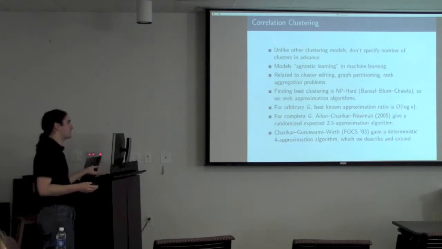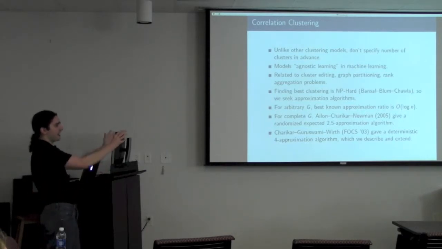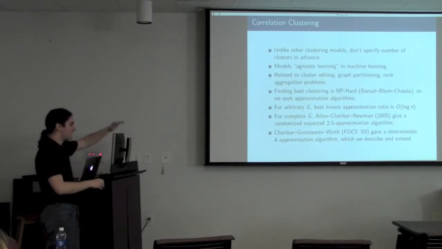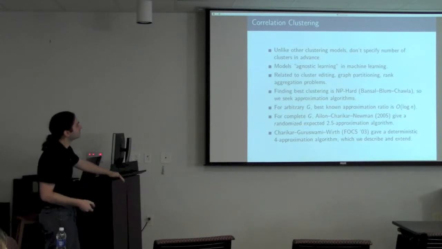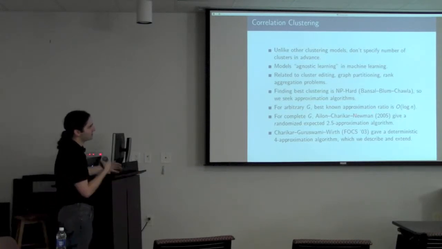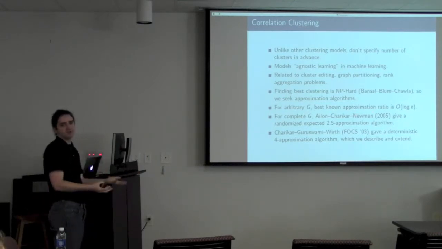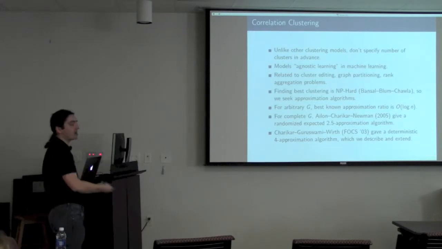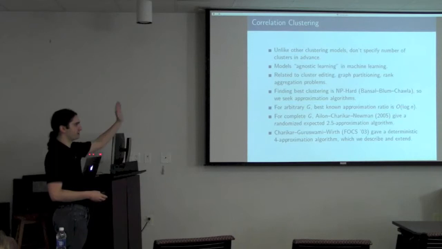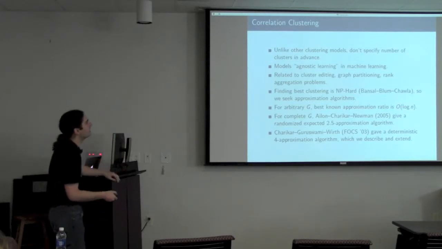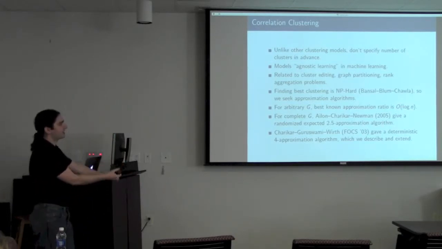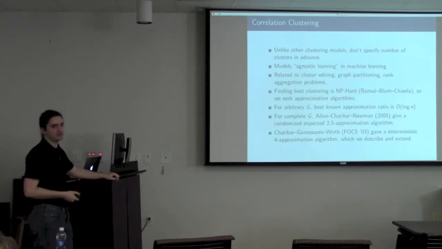You can say, I want to maximize the number of edges that are happy, the edges put where they should be, or I want to minimize the number of mistakes that I make. These are the same decision problem, but if you're looking to approximate, your notion of approximation ratio depends on whether you look at it from min or max. I'm going to look at it in this talk in terms of minimizing the number of mistakes.